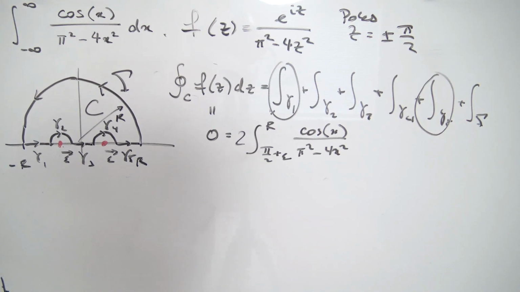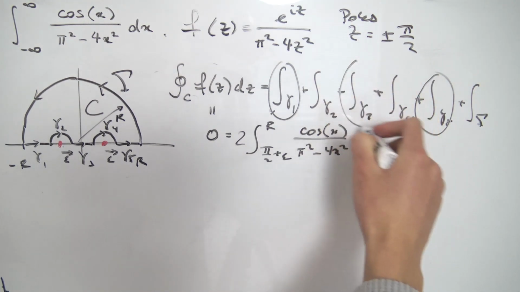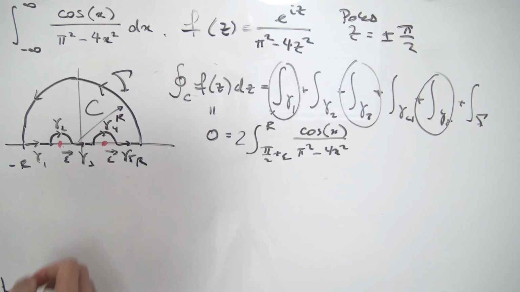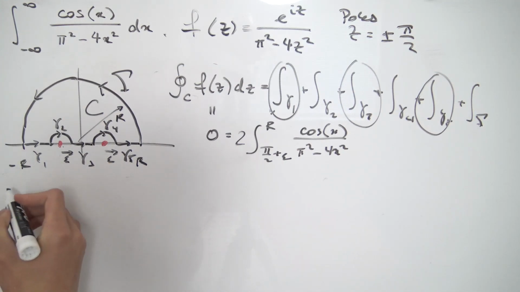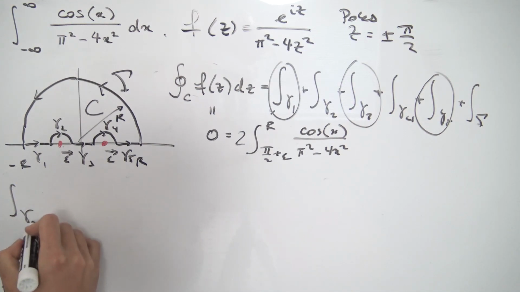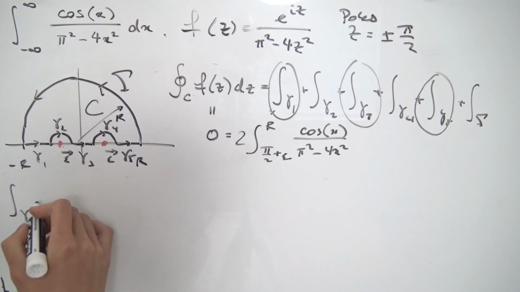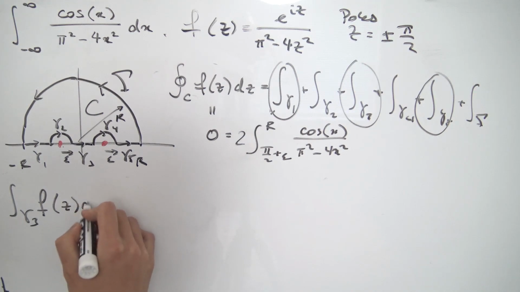And the third integral I want to take a look at is the integral over gamma 3 right here. So gamma 3 is this segment kind of in the middle right there. So we have the integral over gamma 3 of f of z dz. What is that equal to?